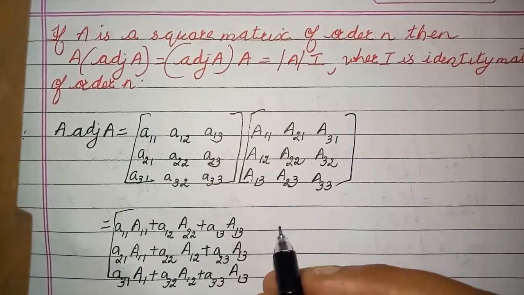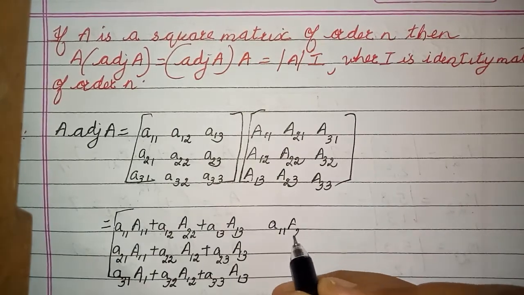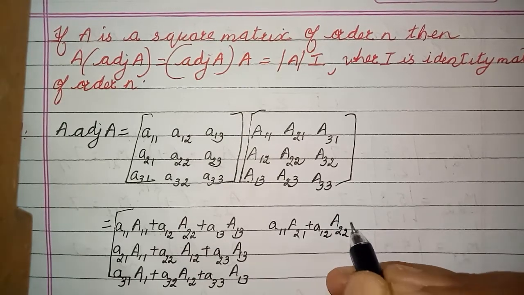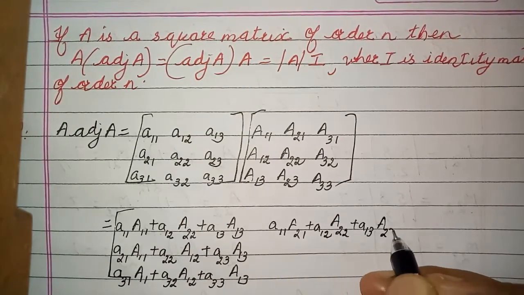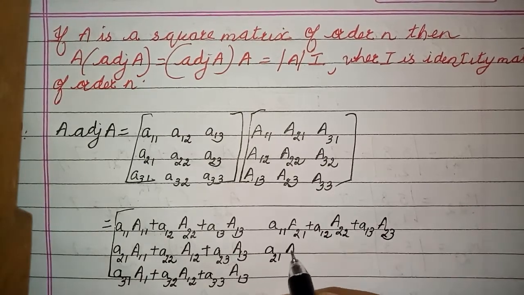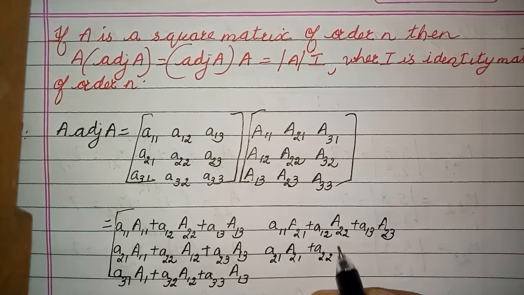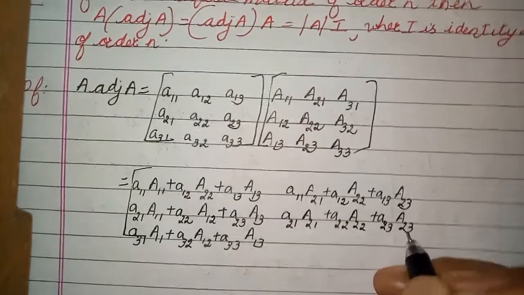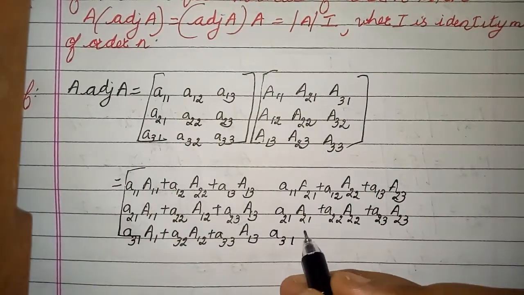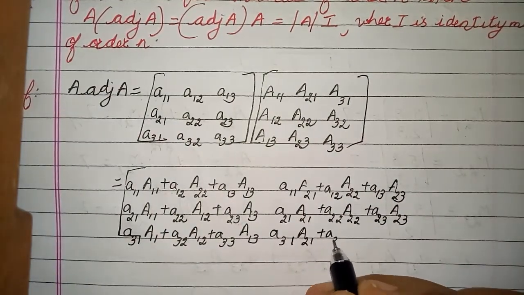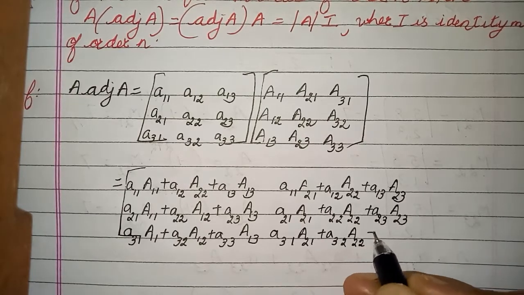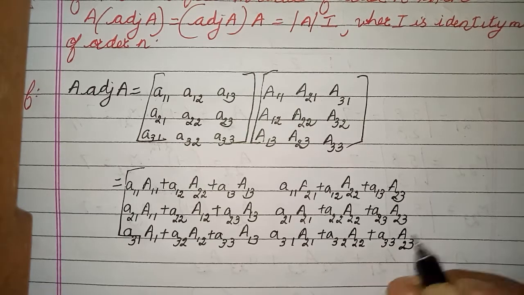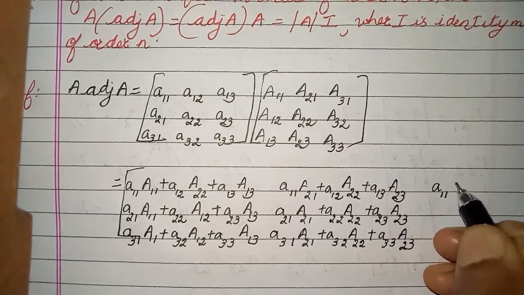Now first row with second column. Now second. Third row. Third column and first row.